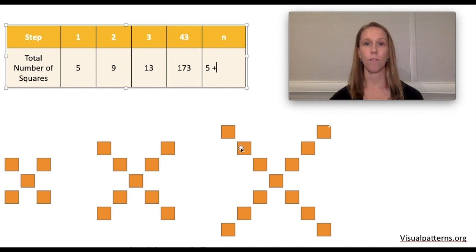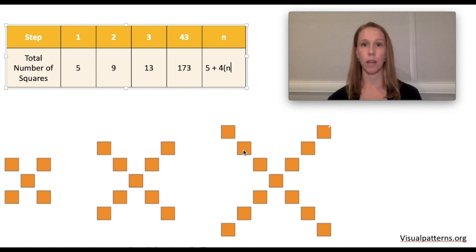Since there are 4 diagonals to the X, I knew that I was going to be multiplying something by 4, because I had to do that to each spoke of the X. Since there were 0 in step 1, and 1 extra square in step 2, and 2 extra squares in step 3, I noticed that each number was 1 less than the step I was on.